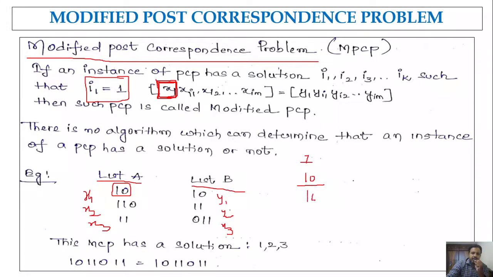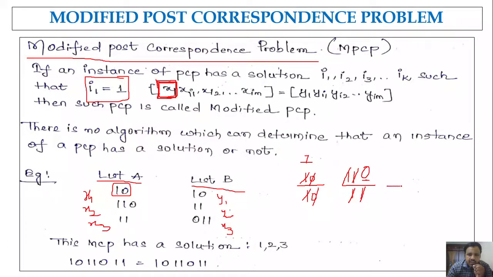Then next you could select index 2 or index 3. If we select index 2, you will get 1, 1, 0 in the numerator and 1, 1 in the denominator. So 1 matches 1, 1 matches 1, and in the numerator we get an extra 0.